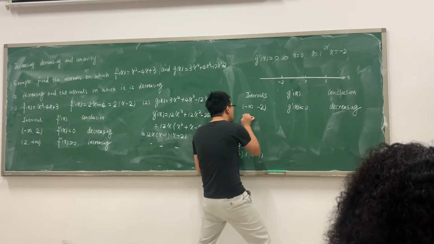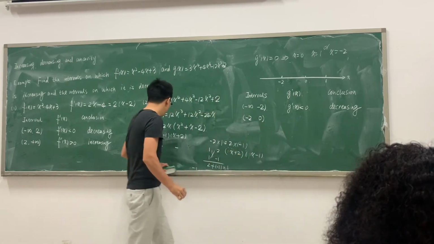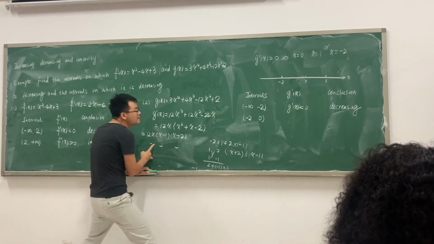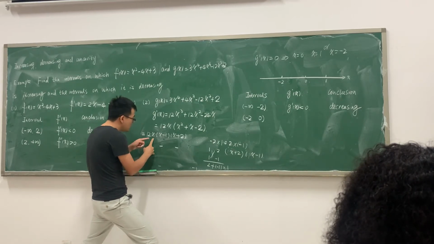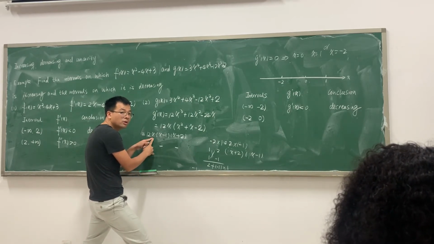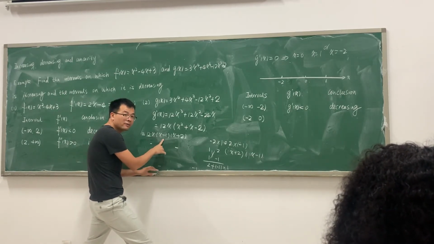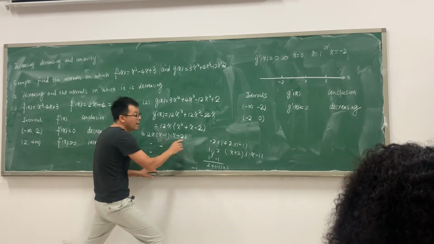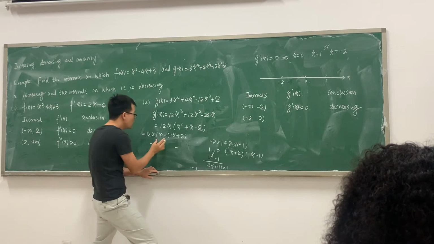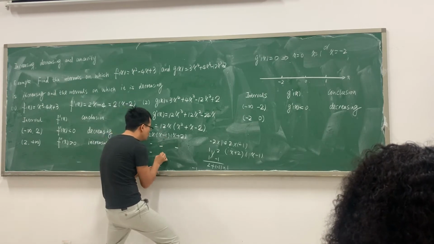The second interval is -2 to 0. When x is greater than -2 but less than 0, x is negative, and x - 1 is also negative.